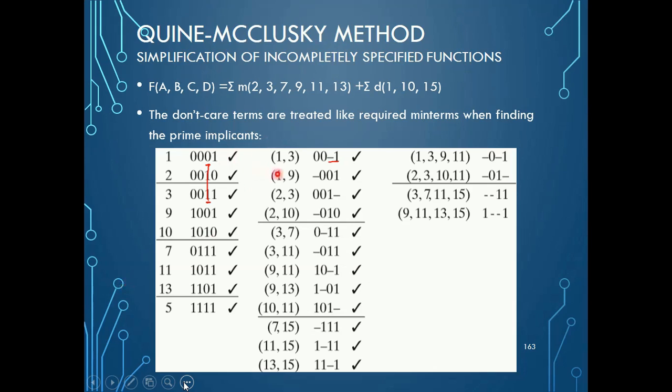So first, you see the 1 3 combination, 1 9, next you try to combine other terms and you will be writing 2 3, 2 10, 3 7, 3 11 like this. These are the different combinations.